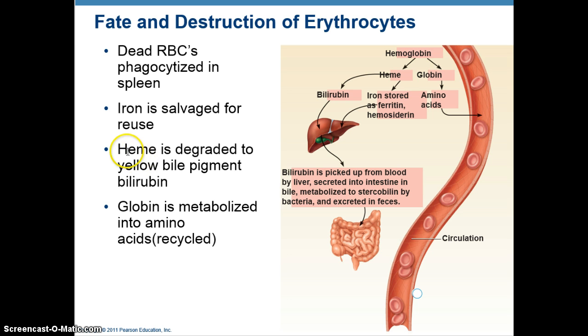So your heme that you're done with from your hemoglobin ends up being excreted with any food that you don't absorb. And then the globin, or the amino acids, are just broken back down and then used to produce other proteins that your body needs. This, by the way, is one of your open-ended essay questions, and the information you need to know to answer it is all on this slide here.